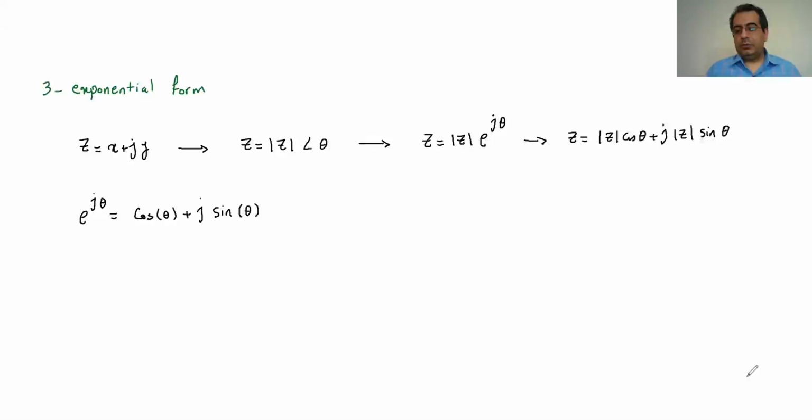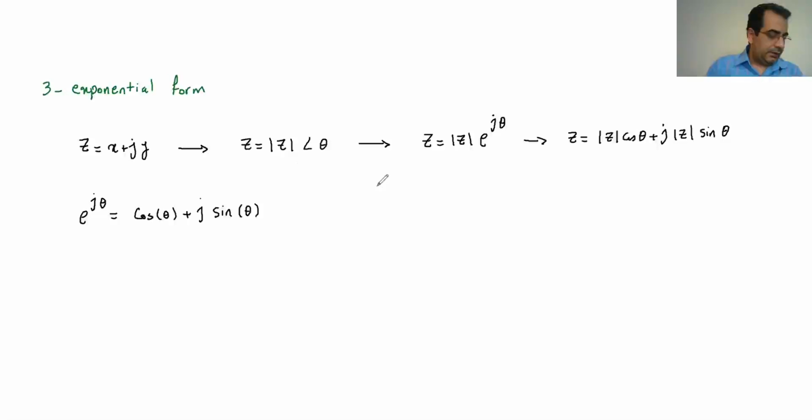So if I want to put all these formats together, before doing that, let me calculate it, for example, from the polar or the rectangular. This is very similar to all we have up to this point.